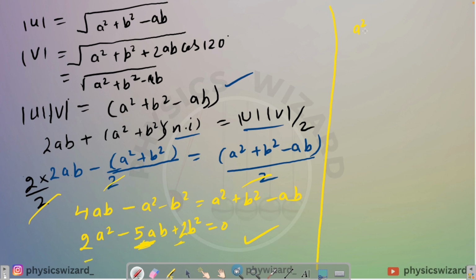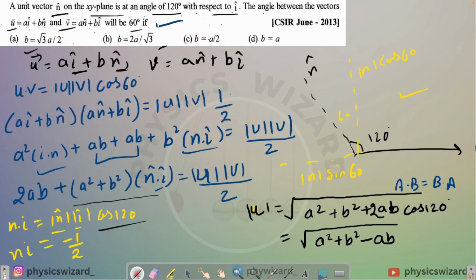How we can do that? 2a square minus 4ab minus ab plus 2b square equal to 0. 2a is common here, a minus 2b, minus b is common here, a minus 2b equal to 0. So we get here 2a minus b and a minus 2b equal to 0. So either a equals b by 2 will be the answer, or b equals a by 2 will be the answer. Now look for the answer.